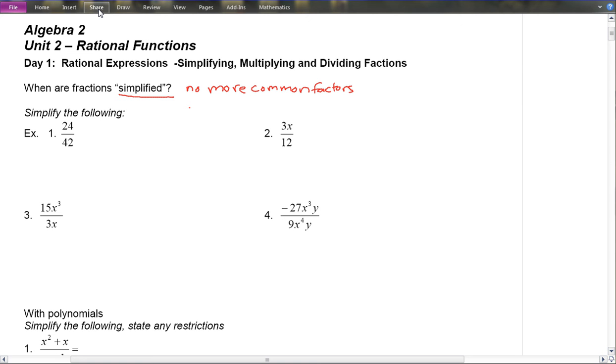So for each example, we're going to use a factor tree to see what we can cancel out top and bottom. Let's look at the first one, 24 divided by 42. When you see that, some of you want to put it in the calculator right away. Don't do that. We're just going to use our factor tree to see what we can cancel out.